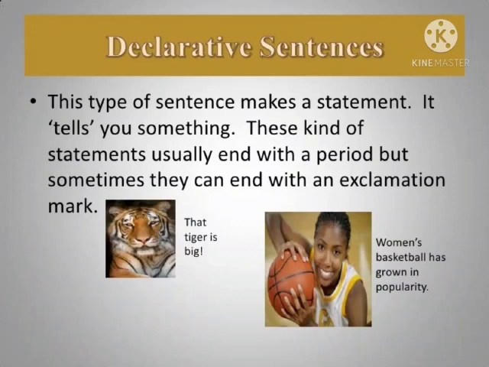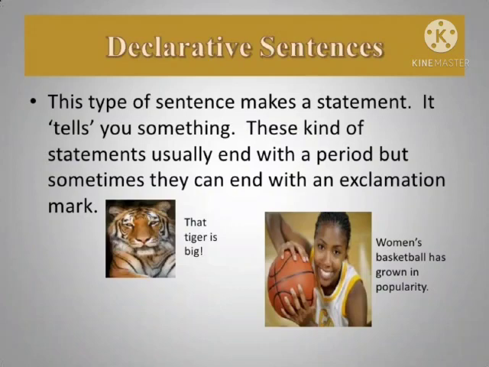Now in the next example, "That tiger is big!" Here, see, the sign of exclamation is there, but we are not expressing any emotion, any feeling. We are making a simple statement that the tiger is big. So sometimes it happens, it depends upon the sentence.